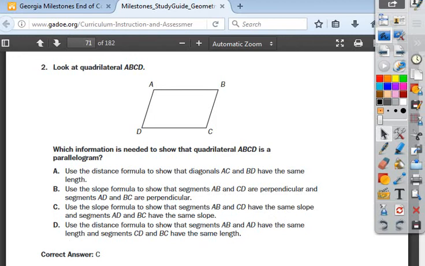Are AB and CD perpendicular? No, they don't even touch each other. They're parallel. Use the slope formula to show that AB and CD have the same slope and AD and BC have the same slope. That would be my answer, because if this is the same slope as that, top and bottom, and the left and right, then you got parallel lines, then it's a parallelogram.